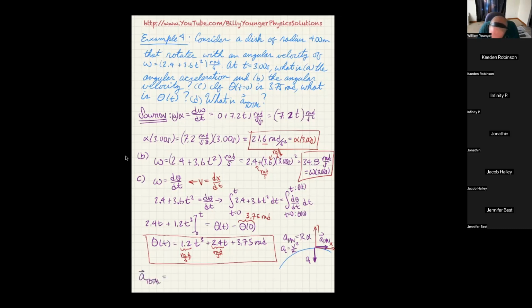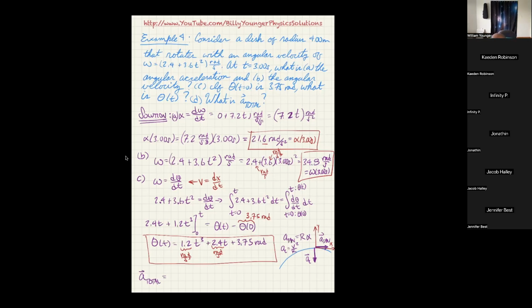is equal to, notice the way I drew the coordinate system at that particular point, we can see that the tangential will point in the positive I hat direction and the centripetal will point in the negative J hat direction. So A is equal to R times alpha. We already found that alpha was equal to 21.6.